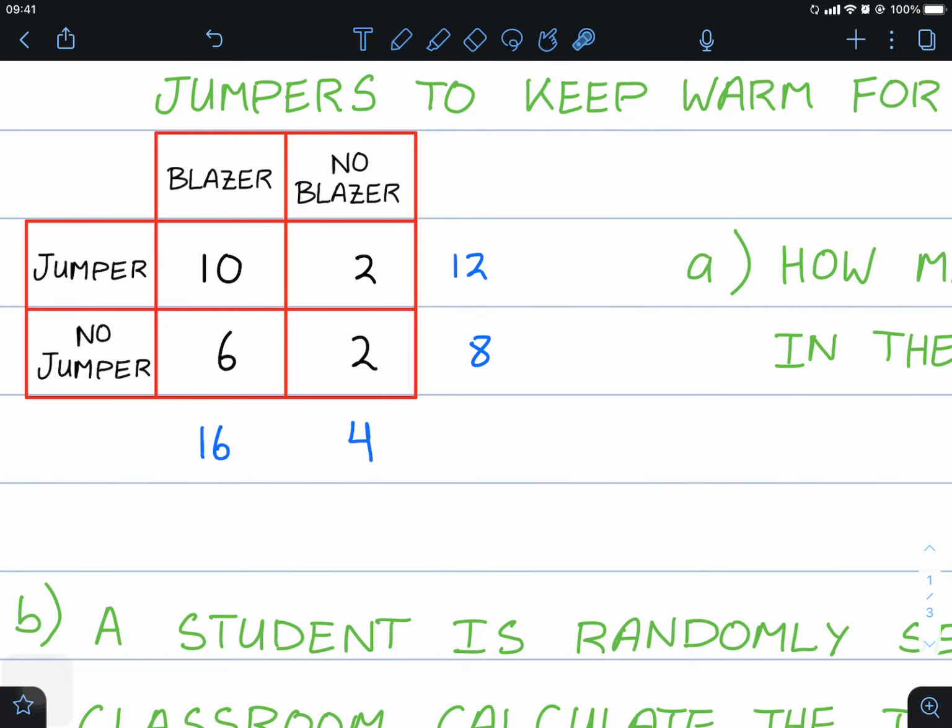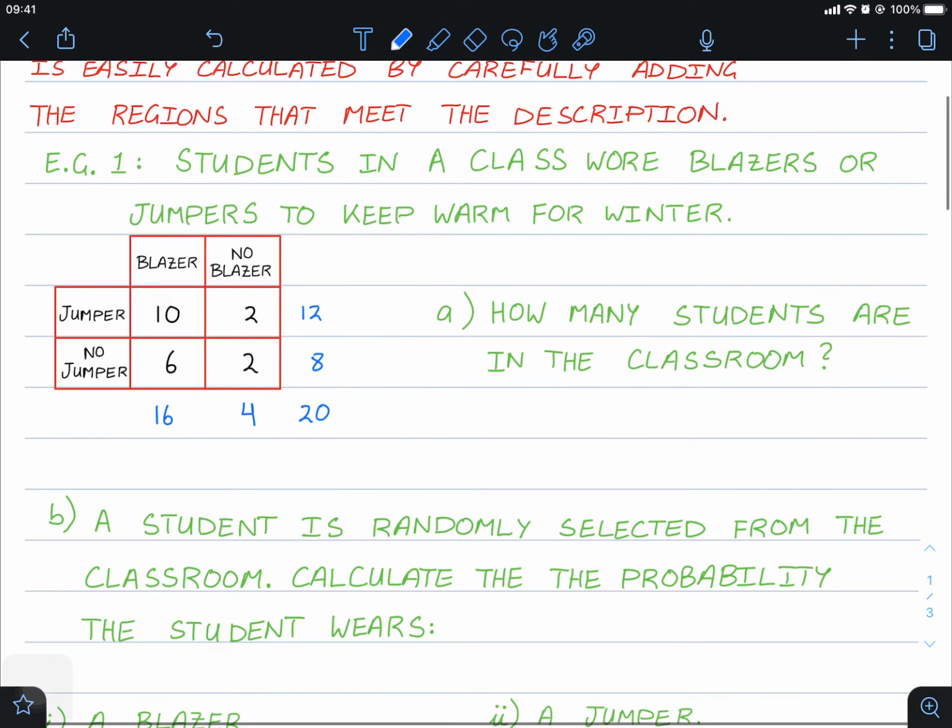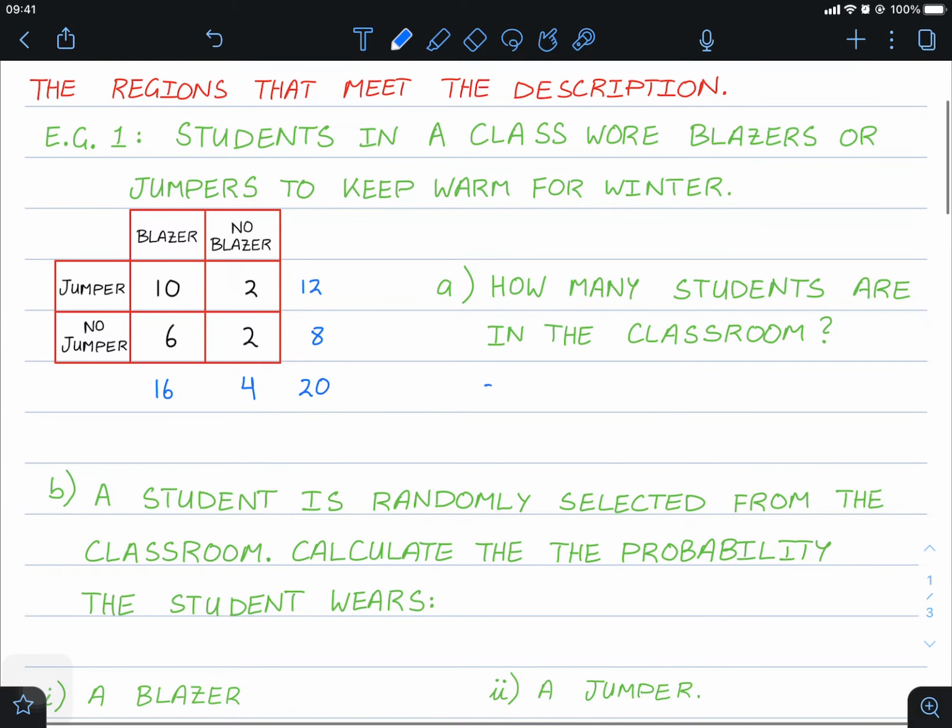Now, when it comes to this point, you should always add both vertically and horizontally because the number here has to match both. So 12 plus 8 is 20, 16 plus 4 is also 20. So this is indeed the total number. So we can say how many students are in the classroom? 20 students.